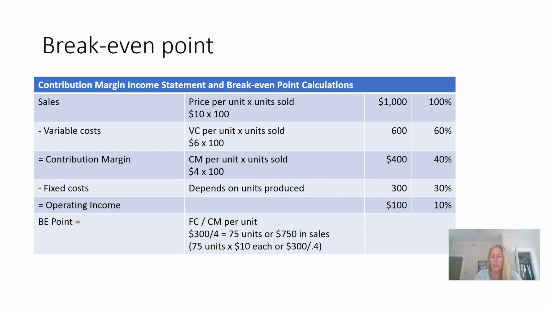So that's how most people deal with it. Otherwise, you run into that risk of calculating a fixed cost item and then applying it to different volume. It's not appropriate. All right, so we get 300 in fixed costs, and we get 30% here by taking 300 over 1,000. So fixed costs are 30% of our structure, and variable costs are 60% of our structure.